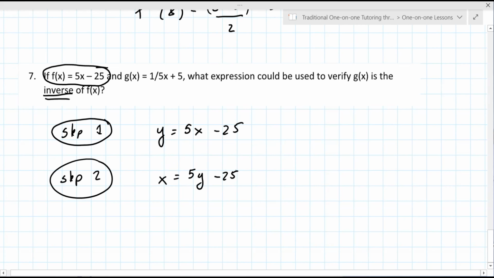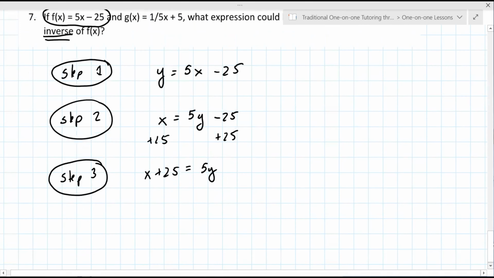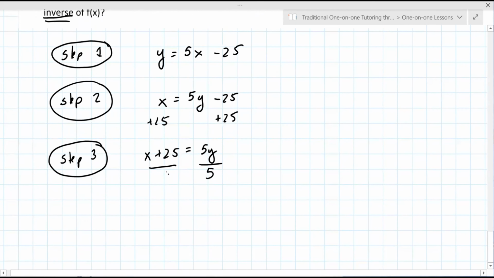Step 3 is to solve for y. Add the 25. Add the 25, good. x plus 25 equals 5y, and divide by 5. Divide by 5, good.